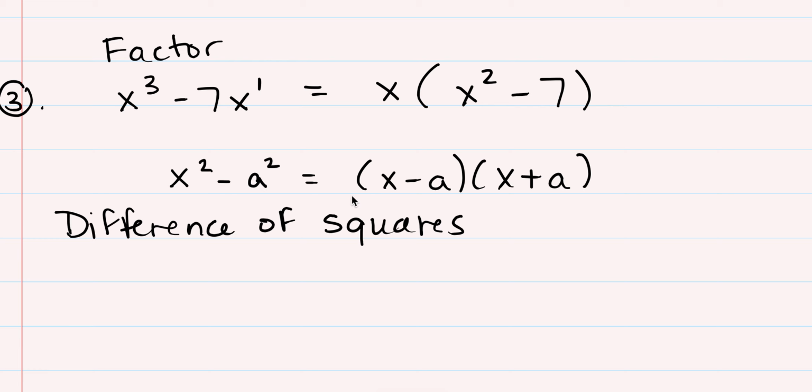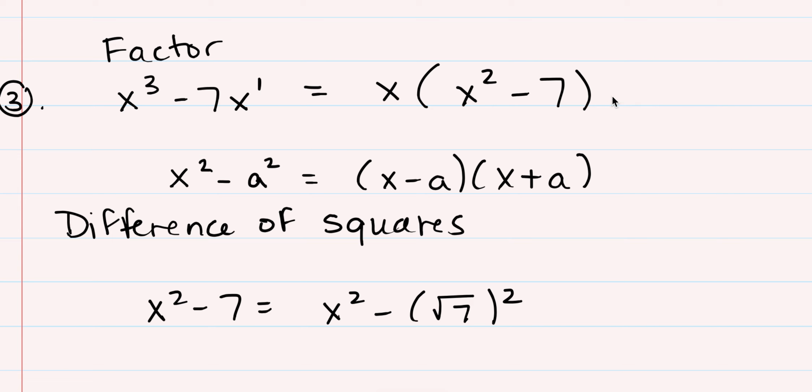And so remember, this is a review. So the difference of squares is this. So you could say that x squared minus 7 is x squared minus the square root of 7 squared, right? Because if you take a square root and you square it, you're going to get the 7 underneath.